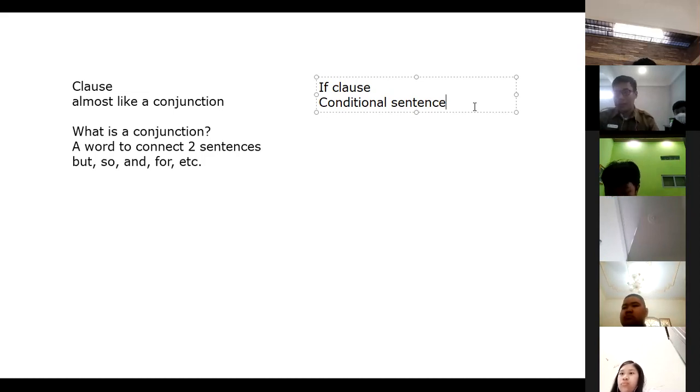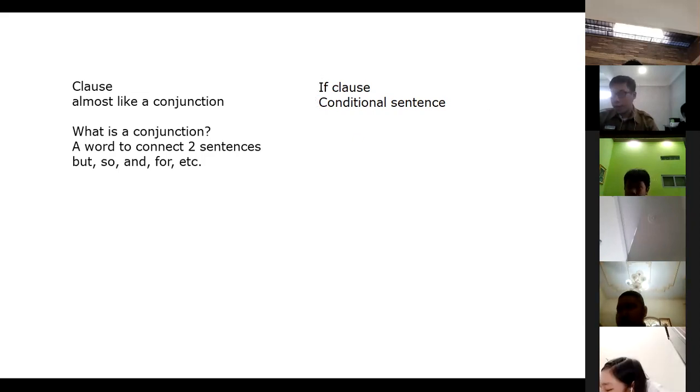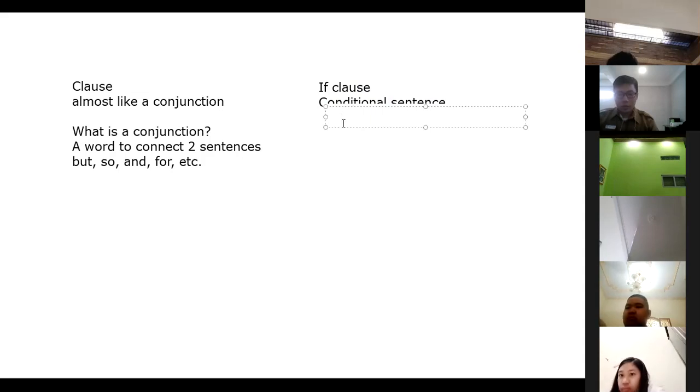For example, okay? For example, if Dario, oh wait, let me use the red pen. Conjunction in bahasa Indo, Dario, means kata sambung. Okay.